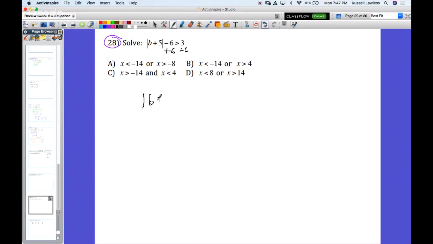So that would give us the absolute value of b plus 5 will be greater than 9. Now, when you're doing the absolute value of an inequality, you're going to take b plus 5 as the positive. But when you take the negative value, one thing we have to remember is if you change it to a negative, you've got to flip the sign.